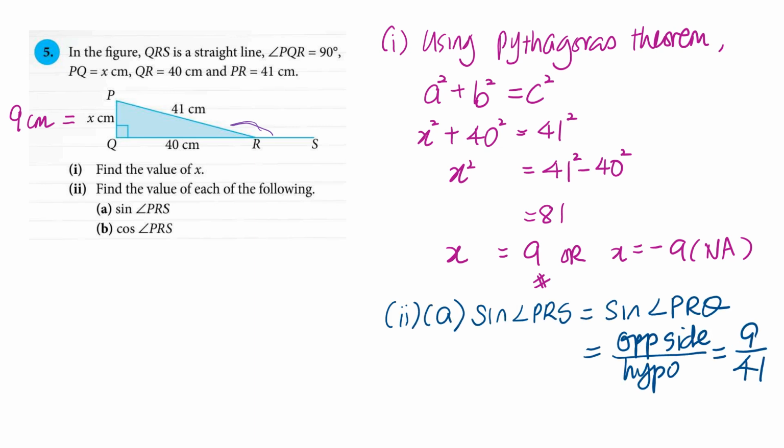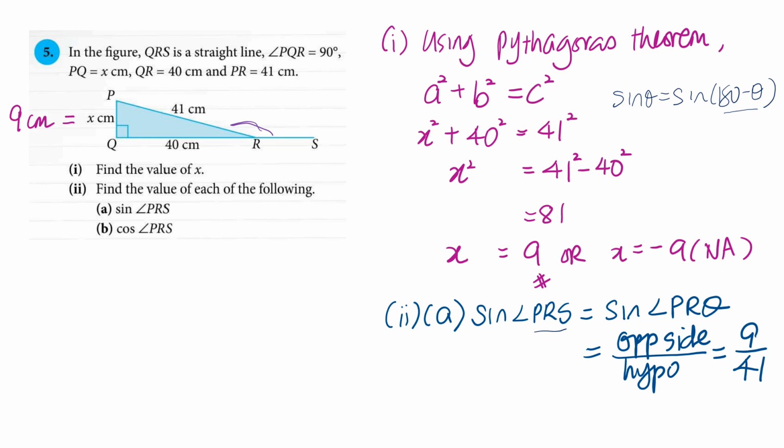Yes, the ratio for sine of the obtuse angle PRS is equal to the ratio for sine of the acute angle PRQ. The angle theta refers to your PRS, and 180 minus theta refers to this angle PRQ.